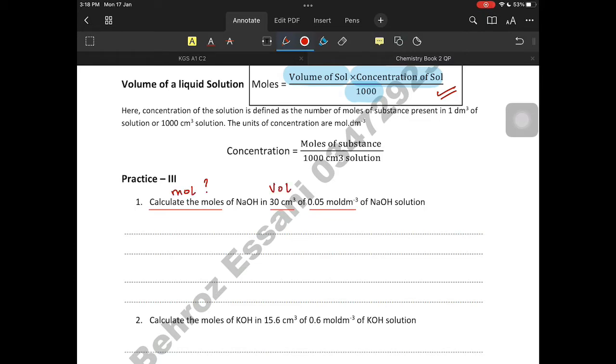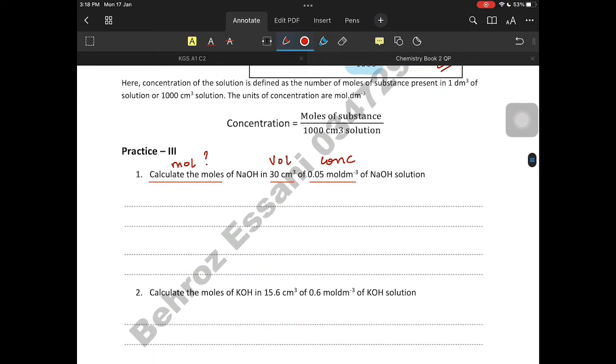Moles, volume, and concentration are all three given to us. Now we know that moles is missing, so we'll solve the formula, which is mole is equal to CV divided by 1000. Moles is missing, but the concentration is 0.05 times volume, which is 30 centimeter cube divided by 1000.